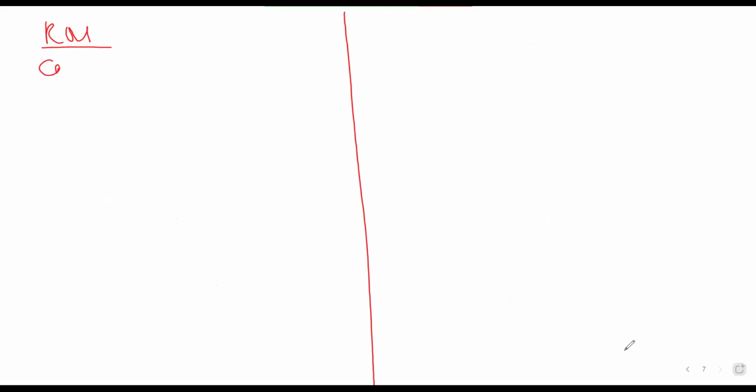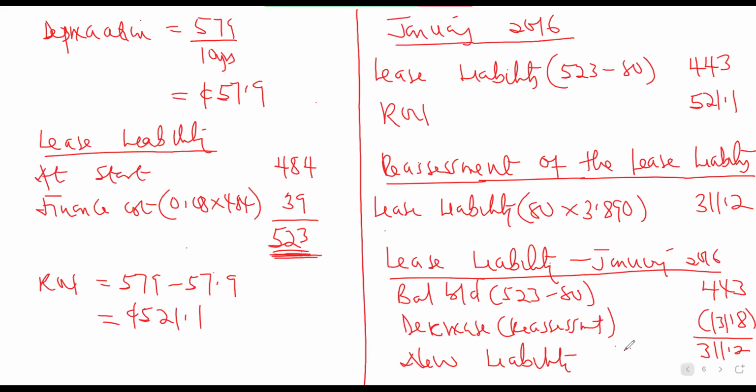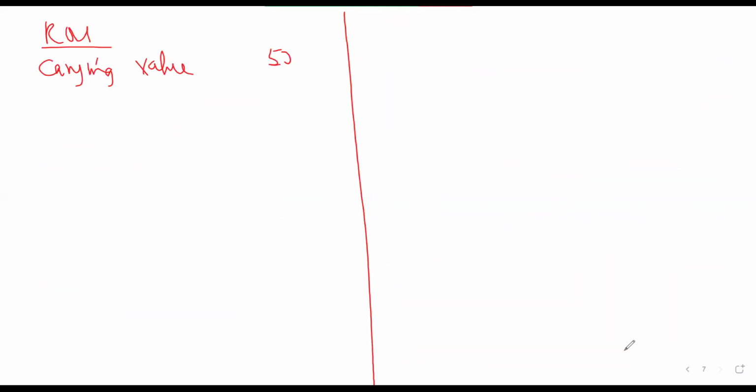So you have the carrying value of the right of use, which will be 521.1. Then you bring the reassessment of lease liability. So you bring that one, the amount will be adjusted against this. So we have 131.8.